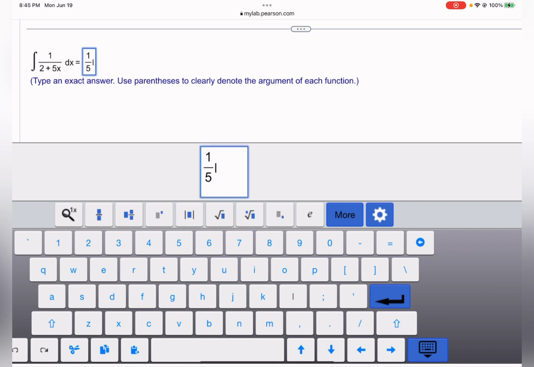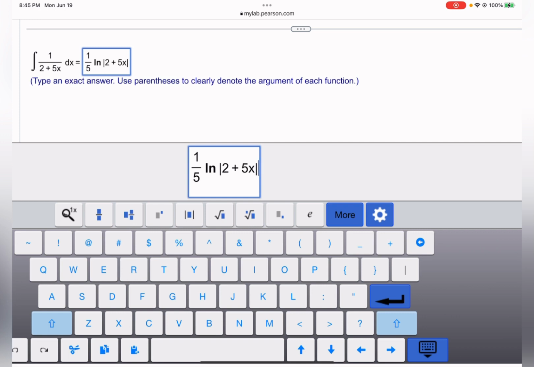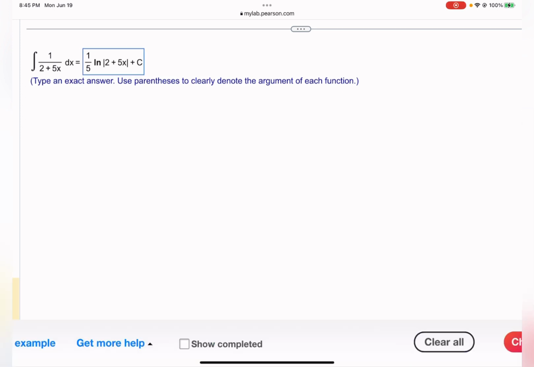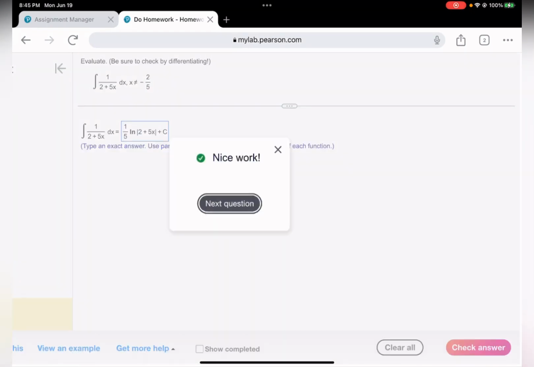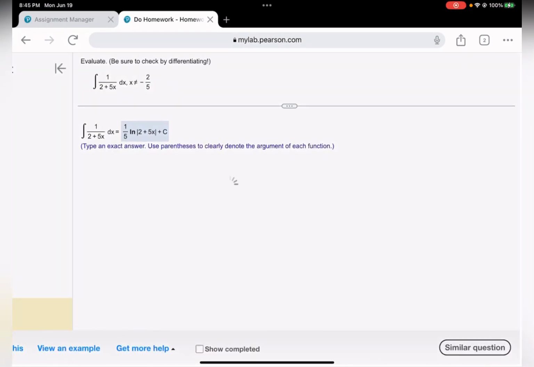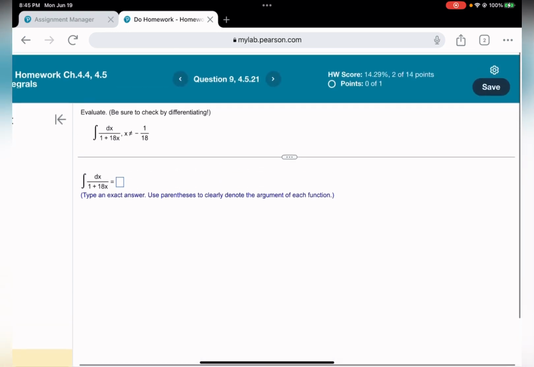Oh, here, L, N, and then it's going to be absolute value of 2 plus 5x, closing absolute value, and then plus c. Okay. Nice work. Moving to question number 9.